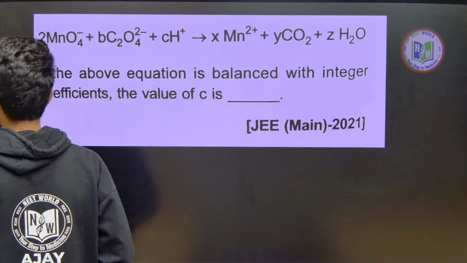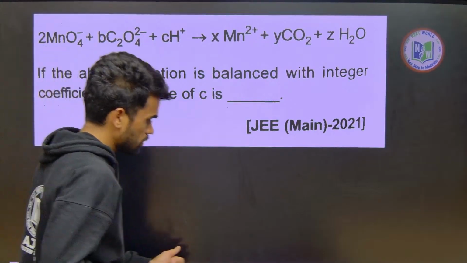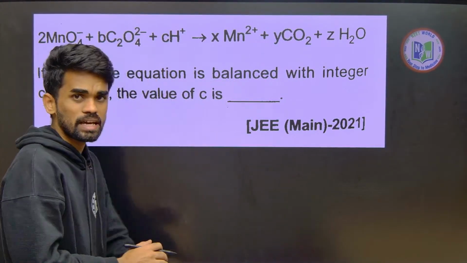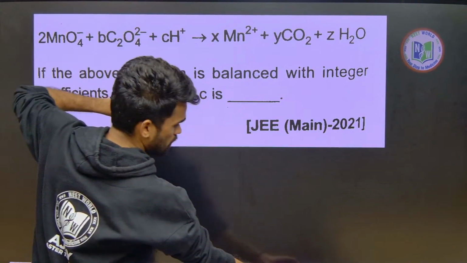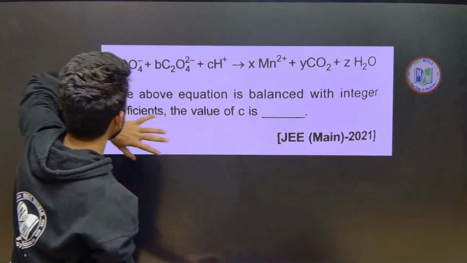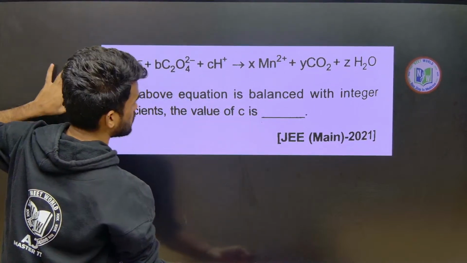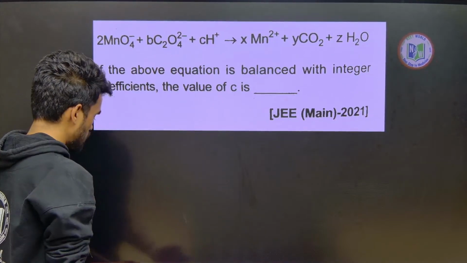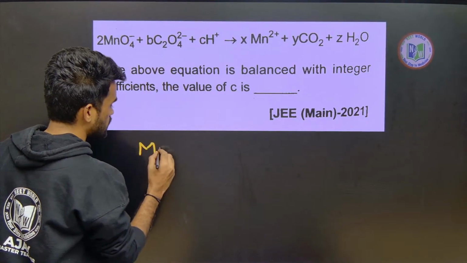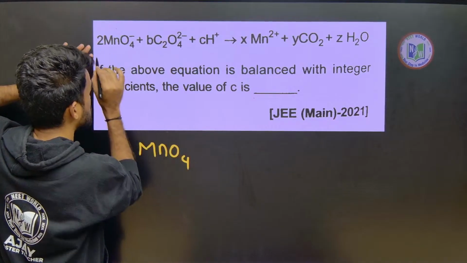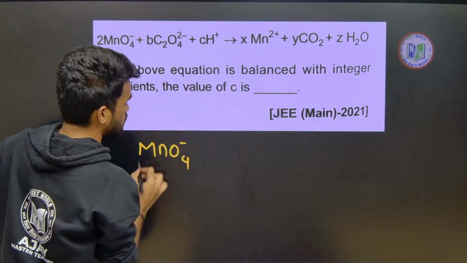So what exactly is balancing here? How can we balance a given chemical redox reaction? First of all, take the skeletal equation, whatever equation they have given, and write it. I will tell you in the easiest manner. Take the equation, do not consider the coefficients, just take whatever equation they have given.